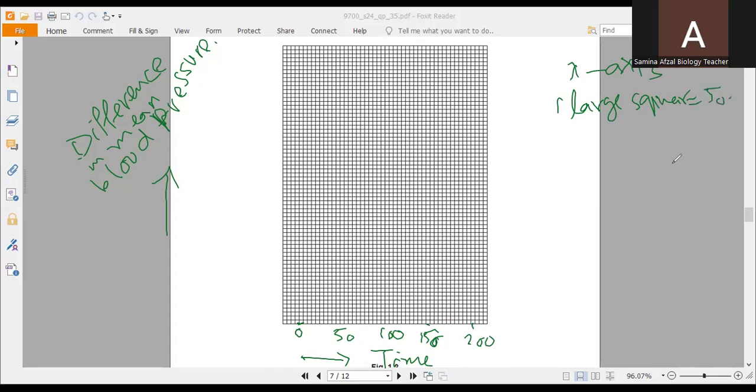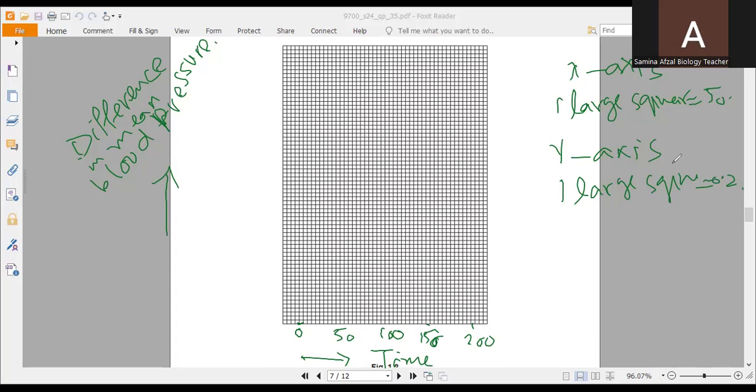And on the y-axis, one large square is equal to 0.2. In this way, I am going to write the values over here.